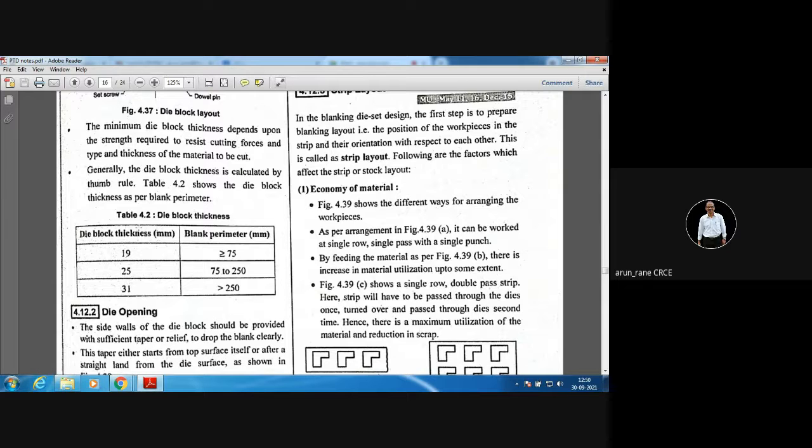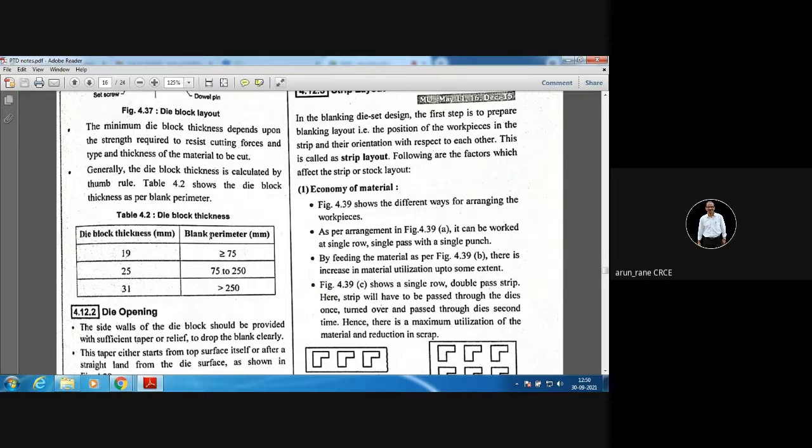Now the thickness of the die block will depend upon the blank perimeter. If the blank perimeter is more than 75, then thickness is 20. If the perimeter is 75 to 250, then your die block thickness is 25, and if it is more than 250, then die block thickness is 30.